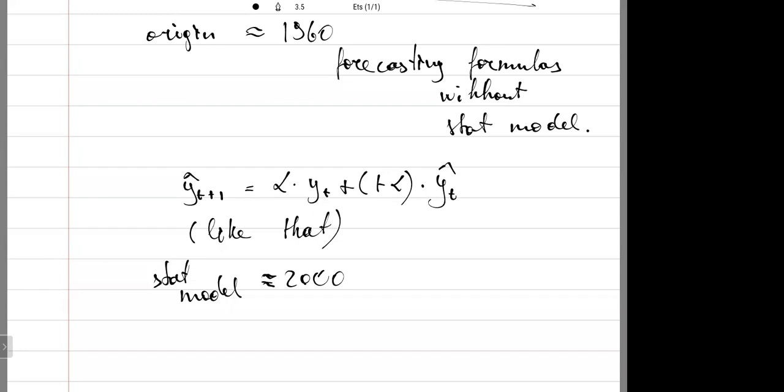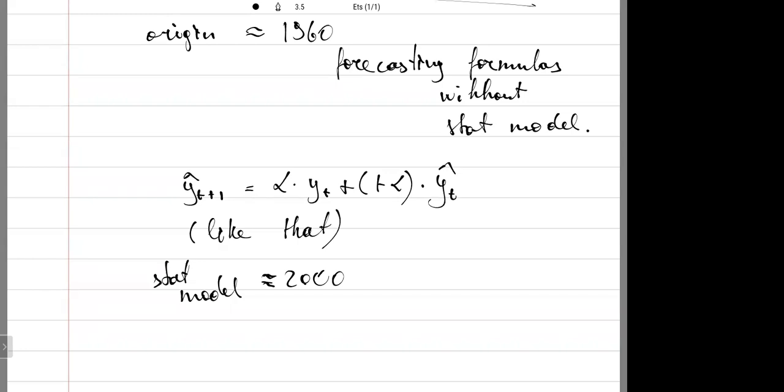And starting from, I think, 2010, we have statistical assumptions: this U has normal distribution, we have such and such coefficients to estimate, we use maximum likelihood. So we have a standard approach. And the forecasting formulas are the same, but we can have not only a point forecast, but also interval forecasts.